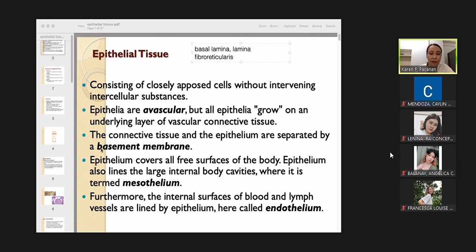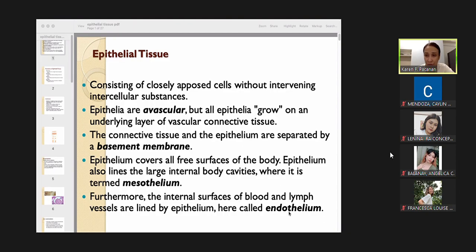Another important characteristic of epithelial tissue that we talk about, they are also assigned special names. So you were able to encounter these two names, mesothelium and endothelium. If it is mesothelium, it is classified as simple squamous epithelium that is found lining the body cavities.